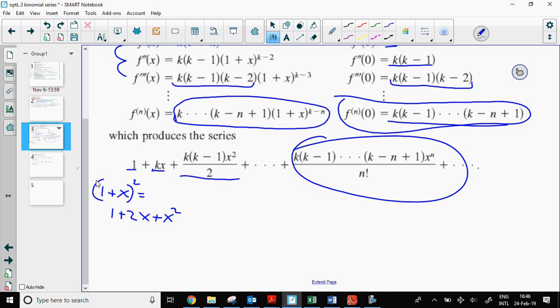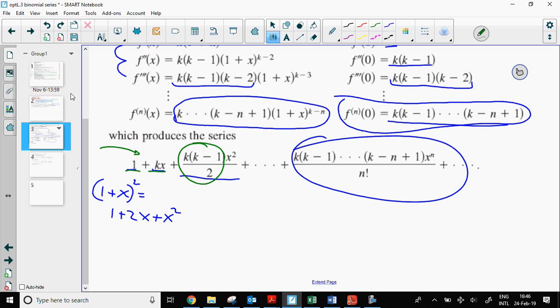But that actually shows up directly from here. Because if I set my k value to 2, I get 1 plus 2x plus 2 divided by 2 times x squared. So this is actually a new way to calculate binomial coefficients.